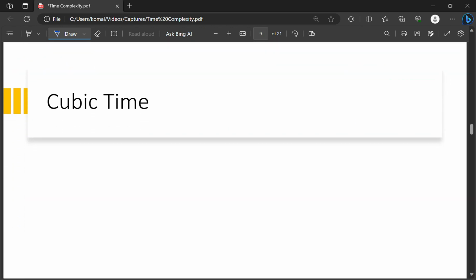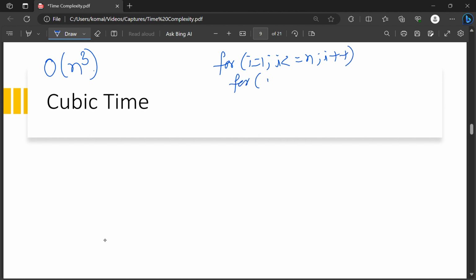Next, cubic time. Cubic time is big O of n cube. One example I can take is for i equal to 1, i less than or equal to n, i plus plus. For j equal to 1, j less than or equal to n, j plus plus.